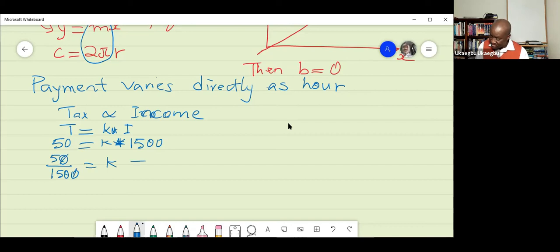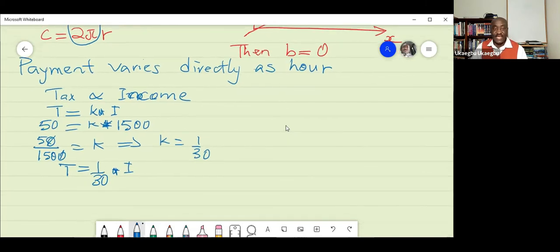So K is 1 over 30. So now, using this, you can generally model that the income tax collected from somebody will be represented by T equal to 1 over 30 multiplied by the income.